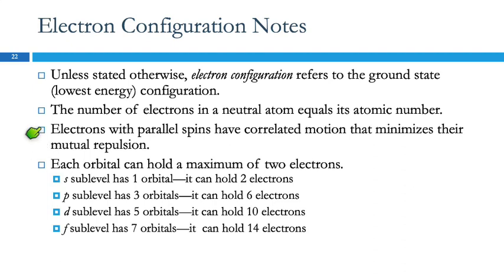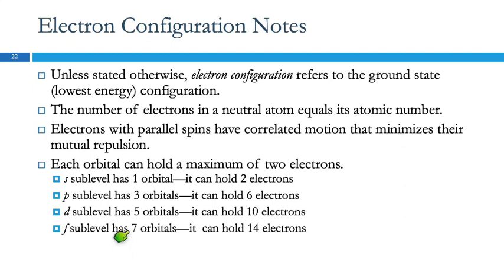Okay, so that's the fancy science explanation. Each orbital can hold a maximum of 2 electrons. And so, these numbers here, the S sublevel, the number of rooms go 1, 3, 5, 7, right? It's odd numbers.